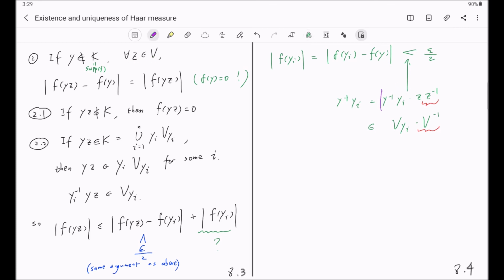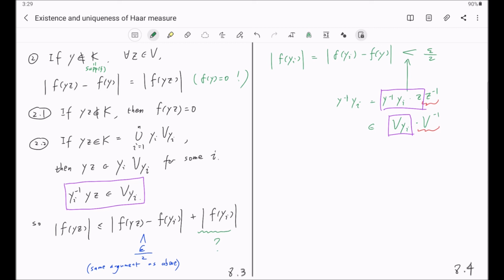And this part is in v sub yi because of our argument here. We showed before that the product of those three things is in v sub yi.